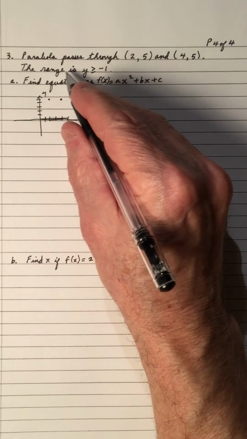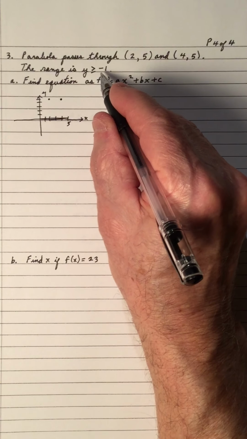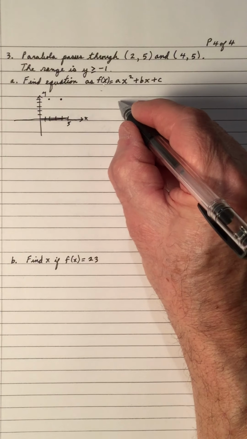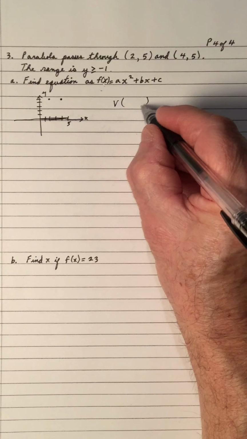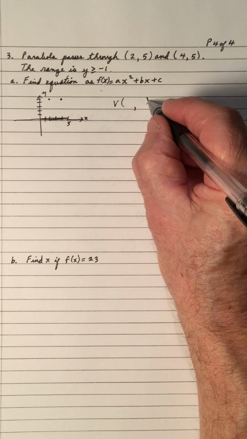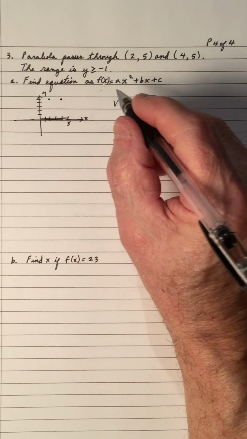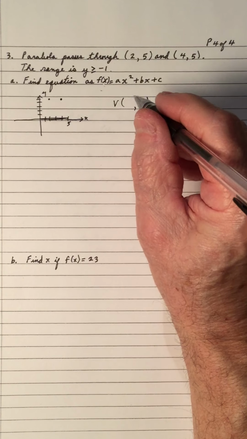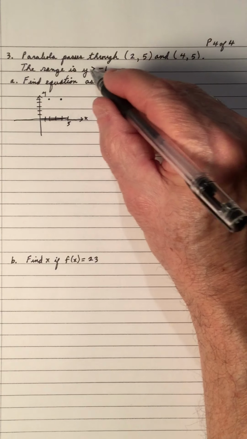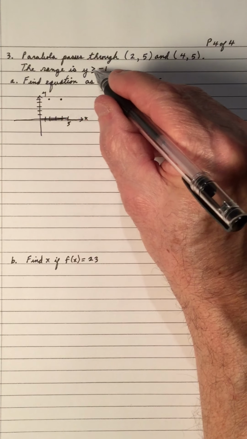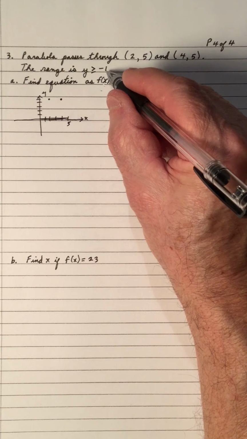And it says the range is y is greater than or equal to negative 1. Well, I know, and hopefully you know, that the range is what the values of y are in your graph. So the range is starting at greater than or equal to negative 1.